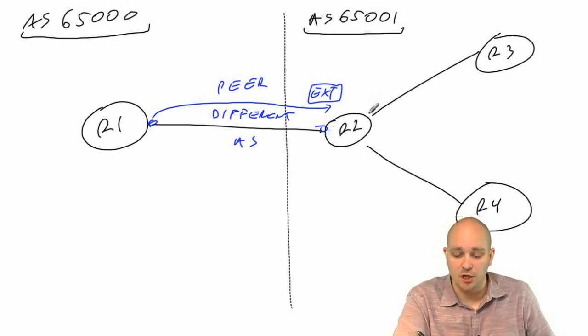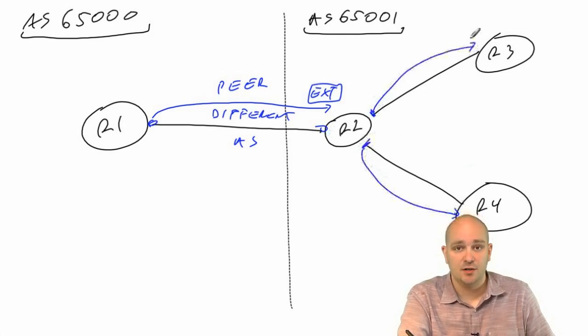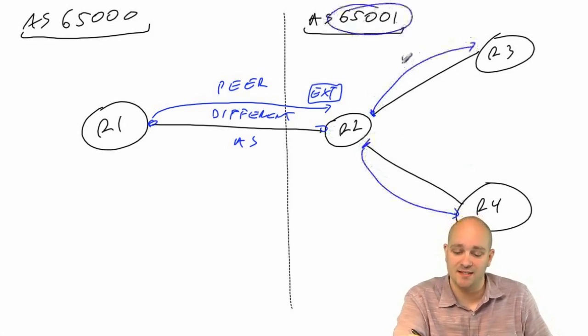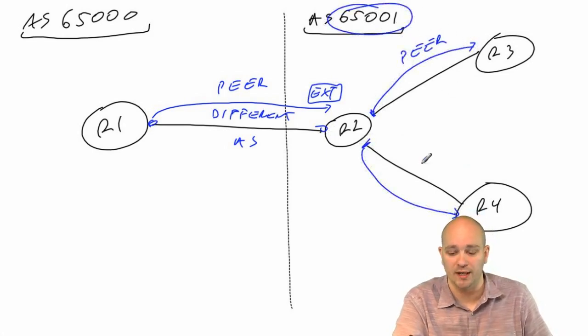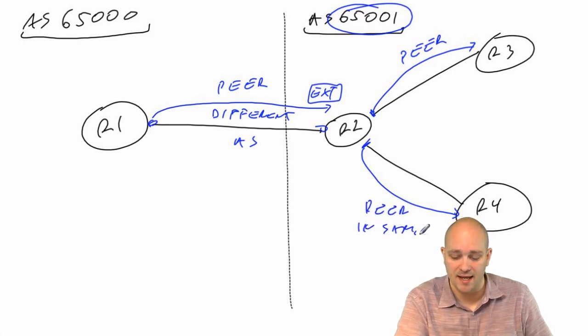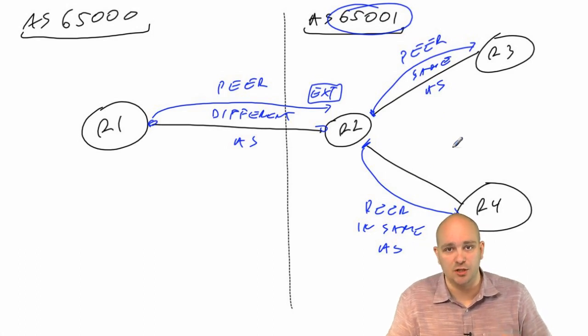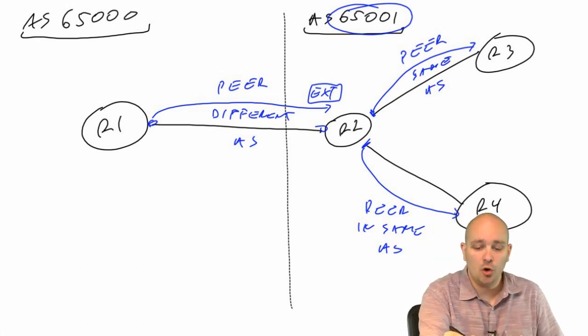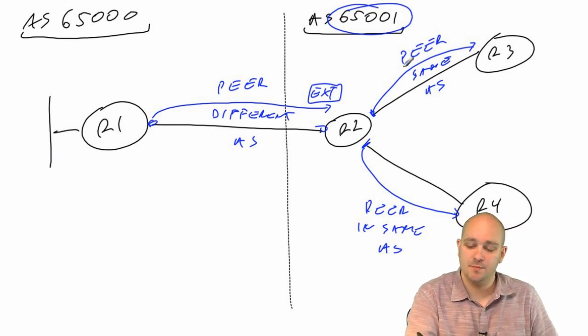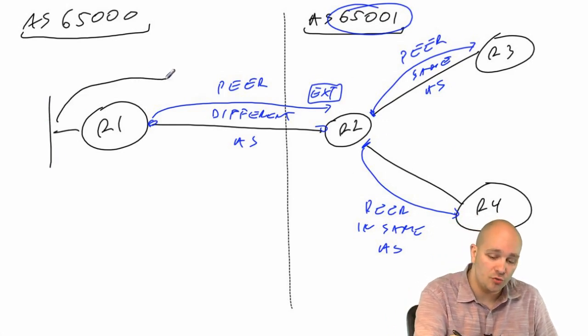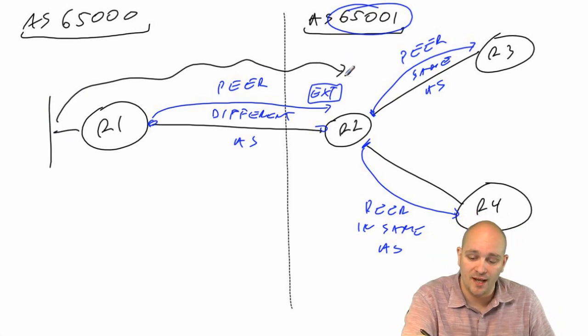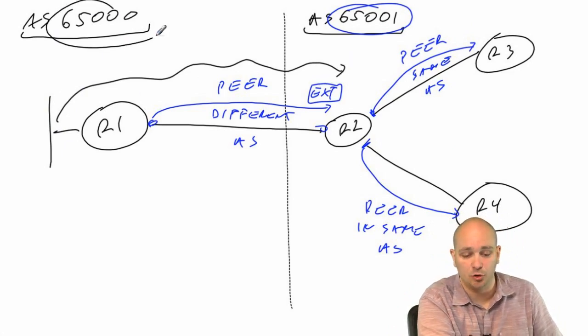Now, when this route here gets advertised to these routers here that are in the same AS, the peer from which we are learning this route is in the same AS. And this is what determines whether the route is internal or external. We don't really care at this point that this route was originally learned from an external peer, from a different autonomous system.